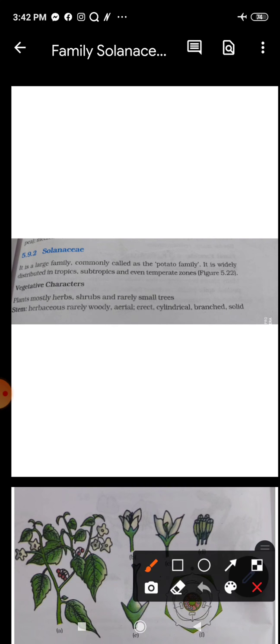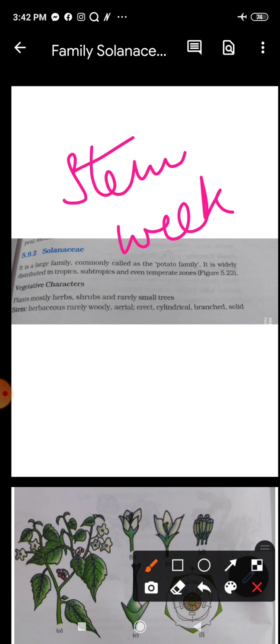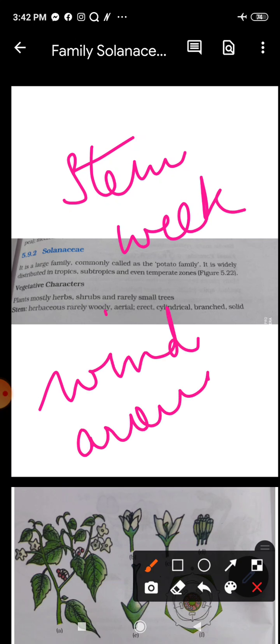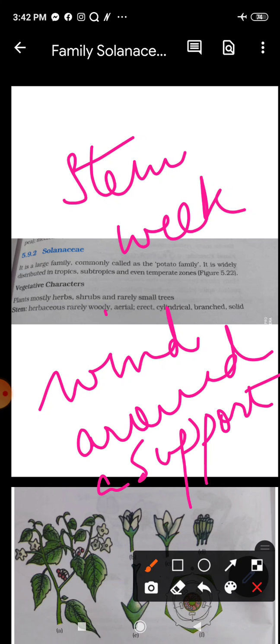That means had it been empty from inside, then the stem would be a weak stem, right? A weak stem generally tends to wind around a support. So that is a weak stem, but here we see that the stem is solid, right?